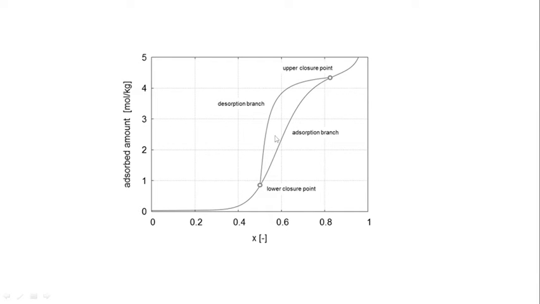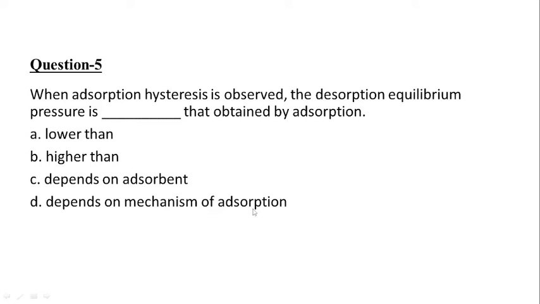So the adsorption will first go through this path, then on decreasing the pressure we will get the desorption branch. From this graph we can see that the desorption equilibrium pressure is always lesser than the adsorption equilibrium pressure. So option A is the correct answer.